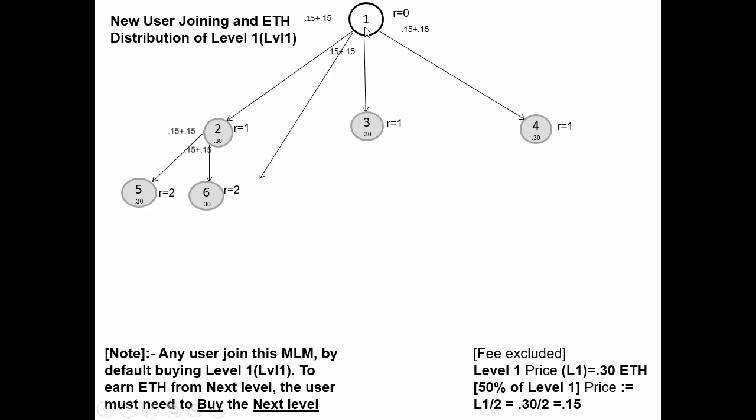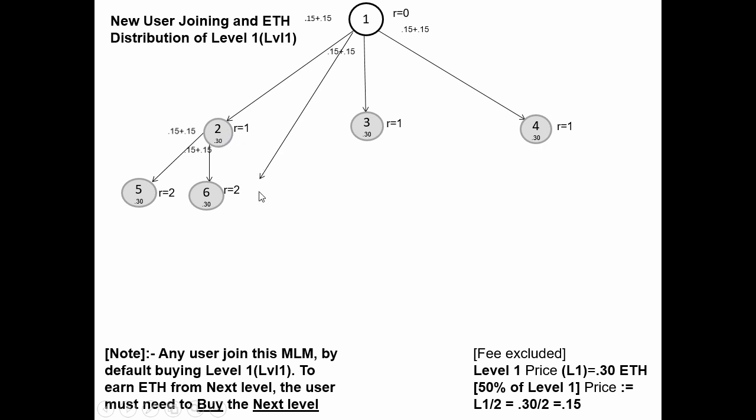Now if user 1 adds the next user, the ID will be user 7. This first level is already filled up, a maximum of 3 people can be added. So user 7 will be placed here because this is filled up, this is filled up, and one node can add three nodes, you can see.